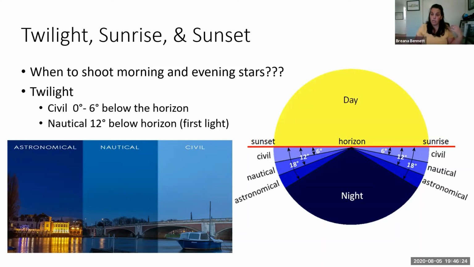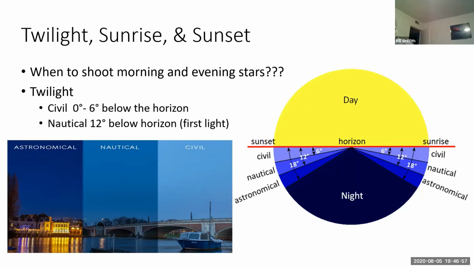So if you're getting morning stars, you're going to want to start your shooting at the earliest possible time, which would be your nautical twilight. You're going to be able to see all the stars, but you can't see the horizon because it's so dark. But as that sun gets closer to the horizon, you'll start to get a clear horizon line, and that's typically your nautical twilight.